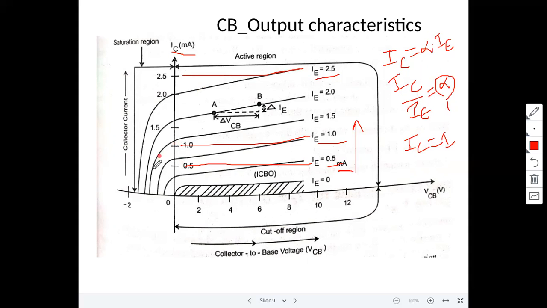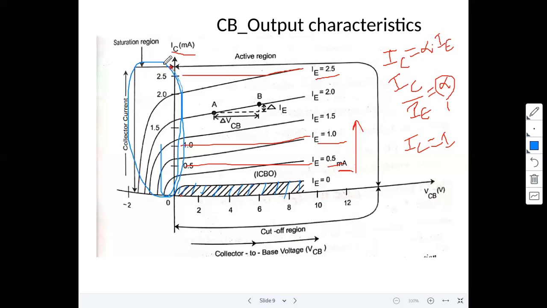Actually, the graph starts from the saturation region. This dotted line indicates just above the x-axis. The x-axis is the cutoff region. Now here, this one is the saturation region.